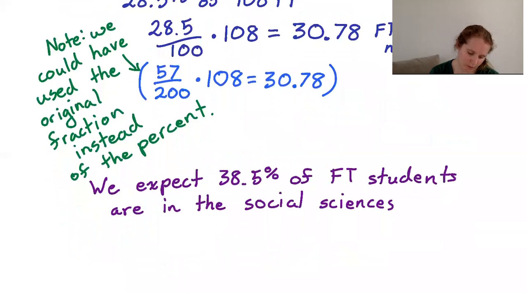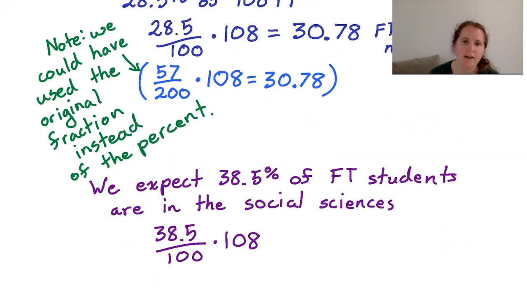So we would do 38.5 out of 100 times 108 for our full-time, and we wind up getting 41.58.